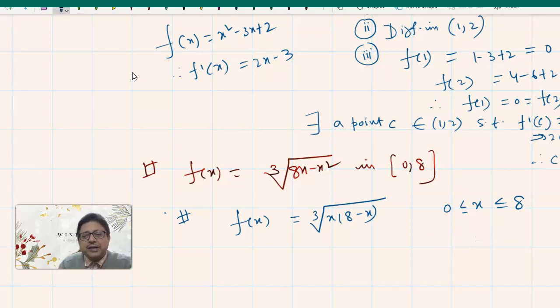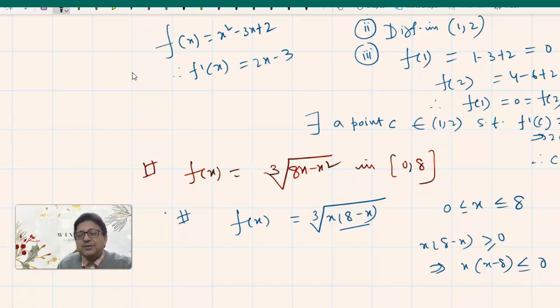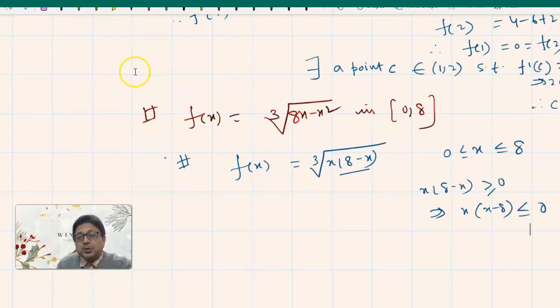We need to check whether this thing is positive or not in this interval. x into (8 minus x) greater than 0 implies, changing the inequality by multiplying by minus 1, x into (x minus 8) has to be less than or equal to 0. Why? Because 8 minus x changed to x minus 8, so we need to multiply by minus 1. So x into (x minus 8) is less than or equal to 0.